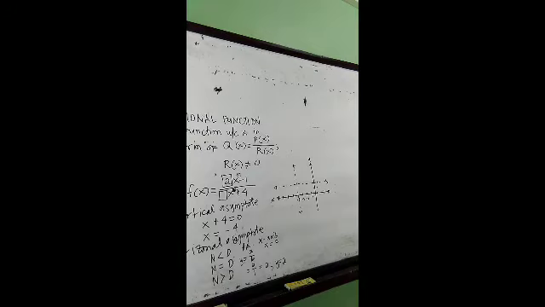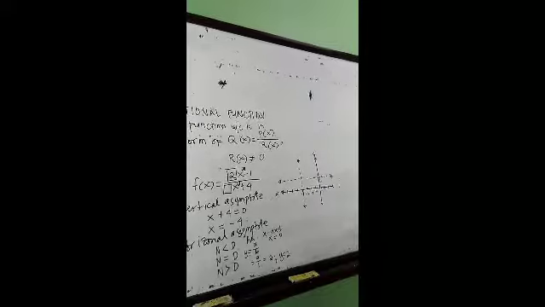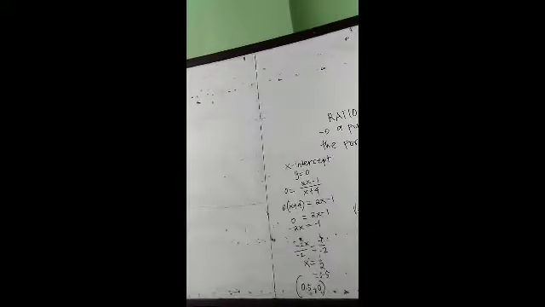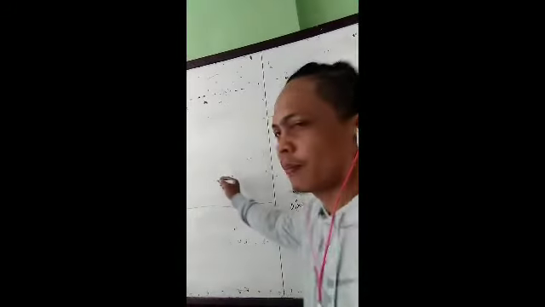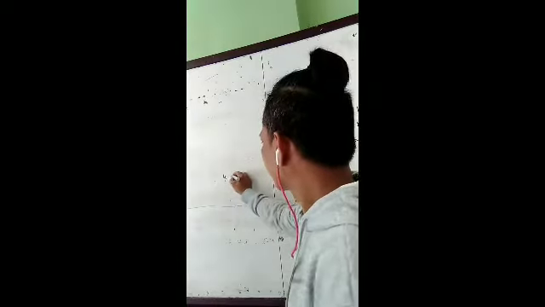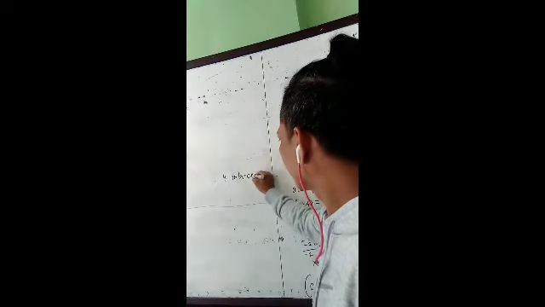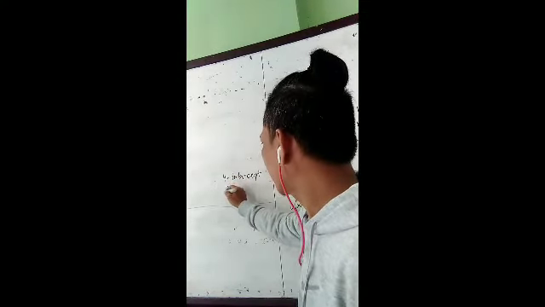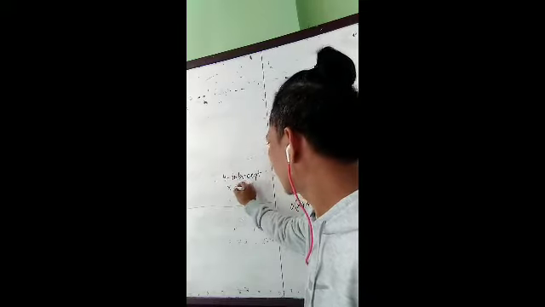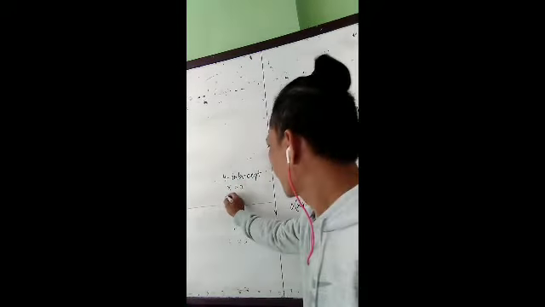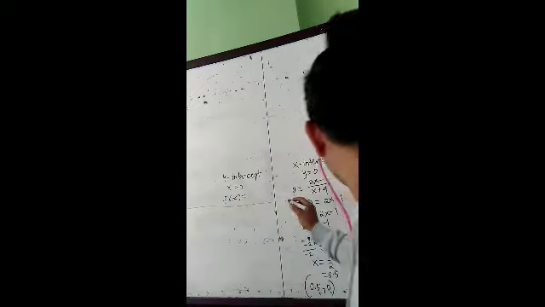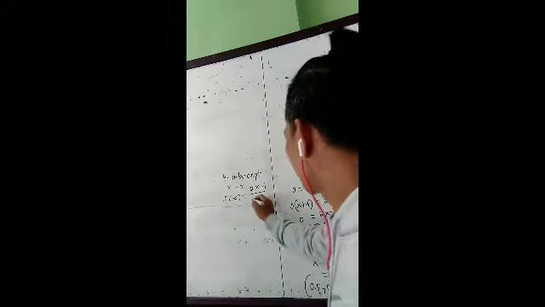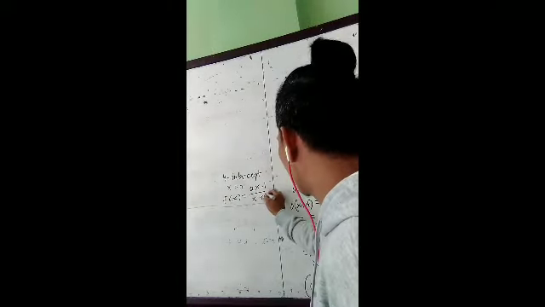How about the y-intercept? Let's try to find the y-intercept. We will set x to 0 from f of x equals 2x minus 1 all over x plus 4.